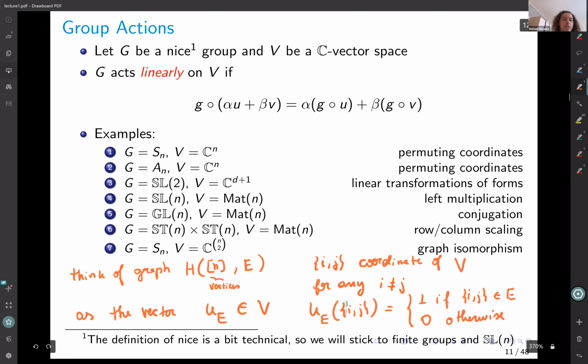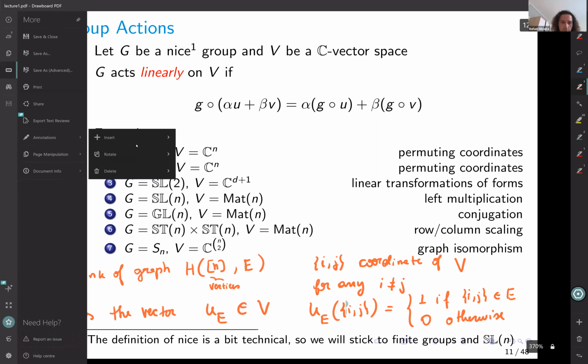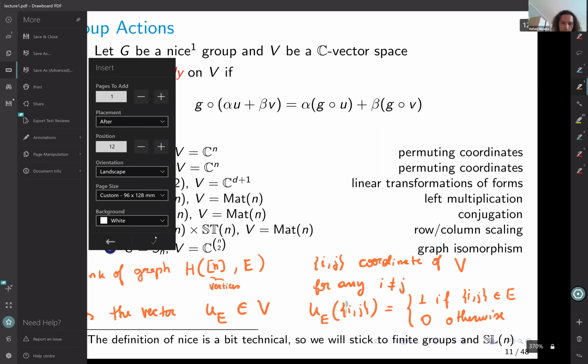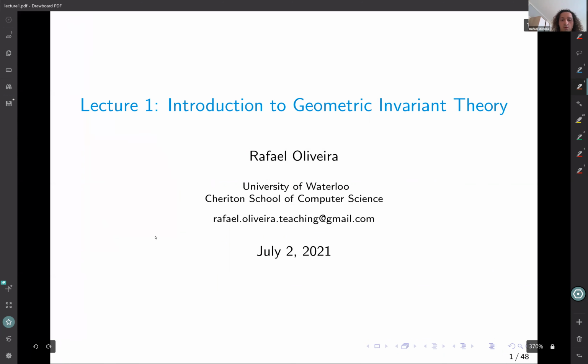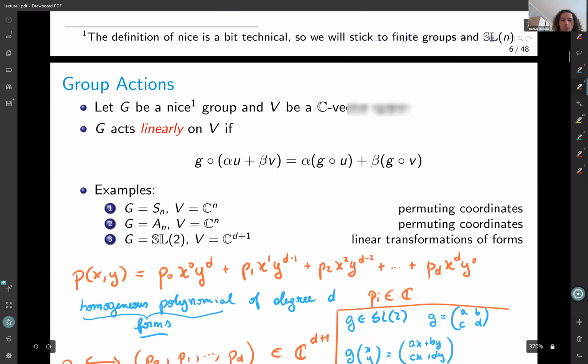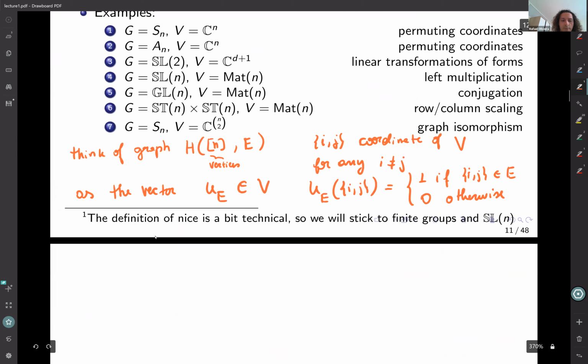So let me just put another page here and we can go over this action, so you can see that this action just encodes the graph isomorphism problem. So let's just take n to be 3, and let's take the graph H to be the graph on 1, 2, 3.